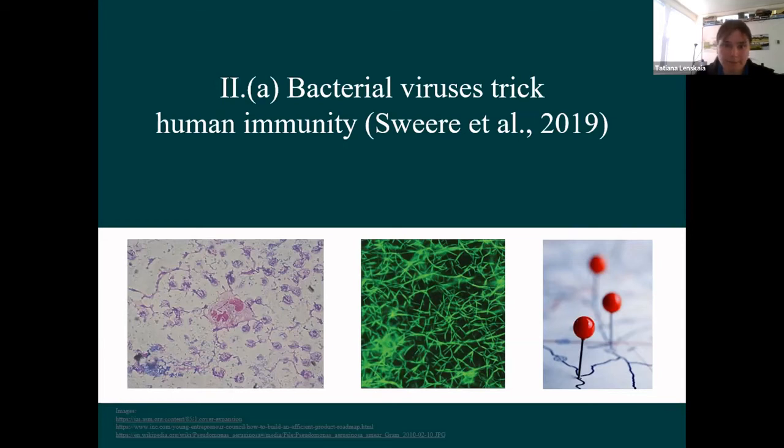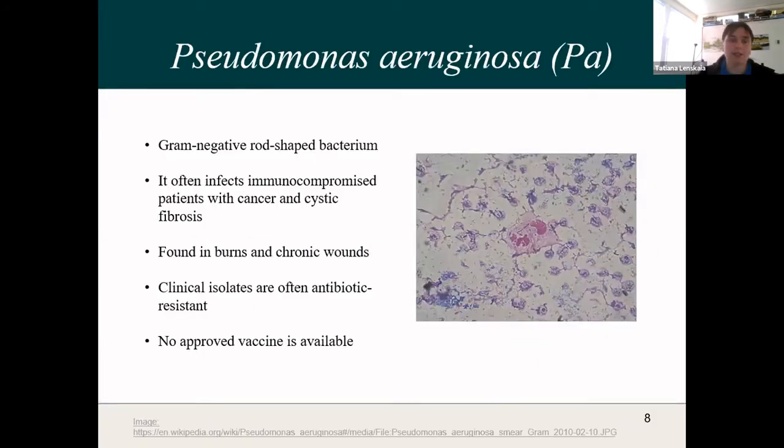In this case, we will talk about Pseudomonas aeruginosa. It's a gram-negative rod-shaped bacterium, and it can be present in microbiome without causing any symptoms for healthy people. But if patients are immunocompromised, it can cause problems, for example, cancer patients and cystic fibrosis patients.